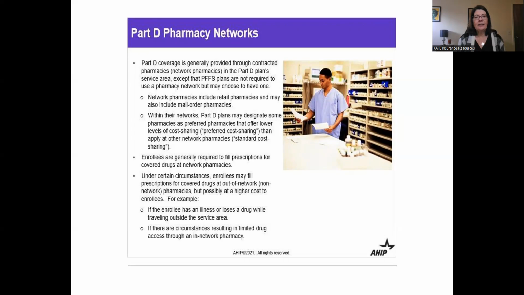And something that always surprises me, and I don't think a lot of people realize this, is that you can really save money by changing where you get the drugs.